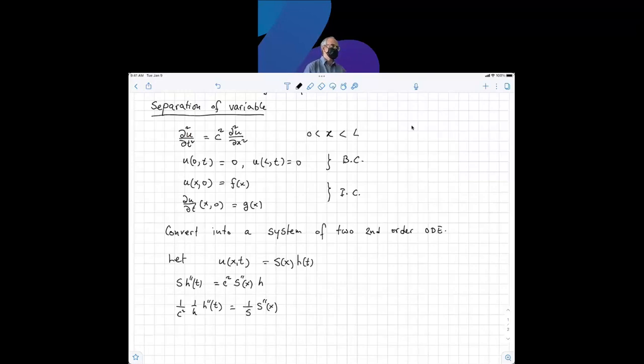So in multivariable calculus, when you differentiate a function of two variables x and y with respect to x, you keep y fixed. So the arbitrary constant comes as a function of y, but you say it is a constant. Everything on the left hand side is a function of t, meaning you kept x constant. Everything on the right hand side is a function of x, meaning you kept t constant. So in that sense, I can say both sides are equal to a constant lambda.